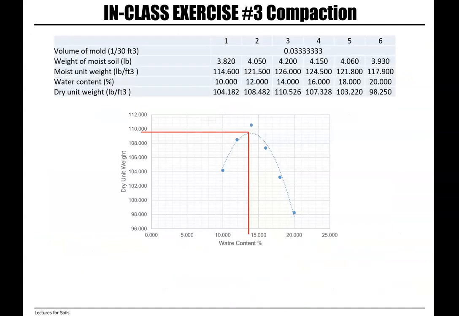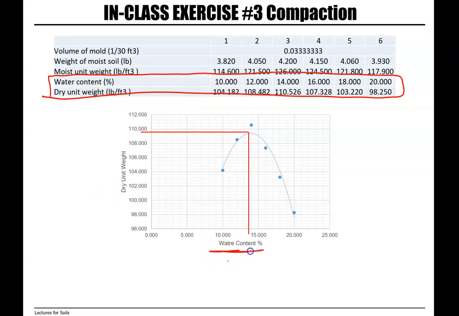When you have all of the numbers that you need, you use these 2 rows. Water content is your x-axis, and dry unit weight, or gamma d, is your y-axis.